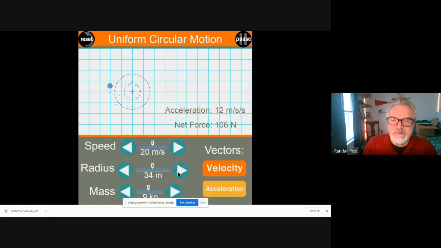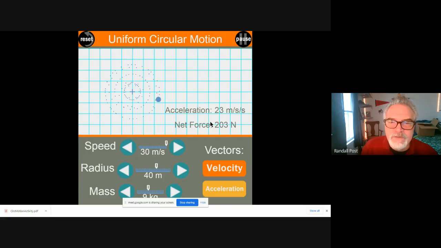Less force is needed for a larger circle. Okay, not as much curve. And of course, if I want to go in a circle much, much faster, I'm going to need more force.